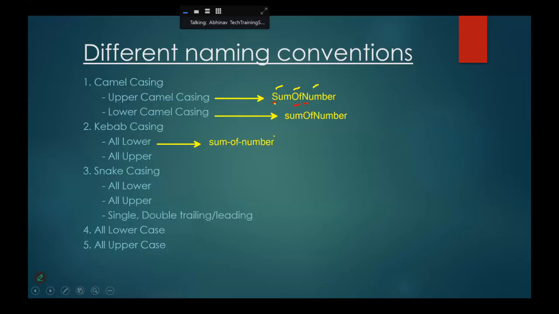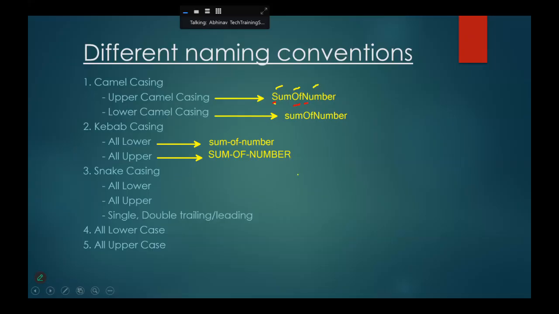So this is all lower kebab casing. Now talking about all upper kebab casing. Here every character has to be in uppercase: SUM-OF-NUMBER. So this is all upper kebab casing.